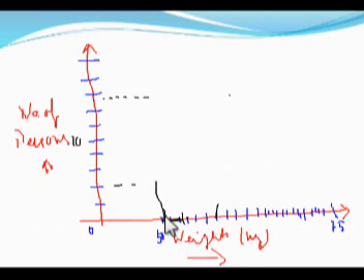Now we will draw. There is something wrong, I know. Okay.